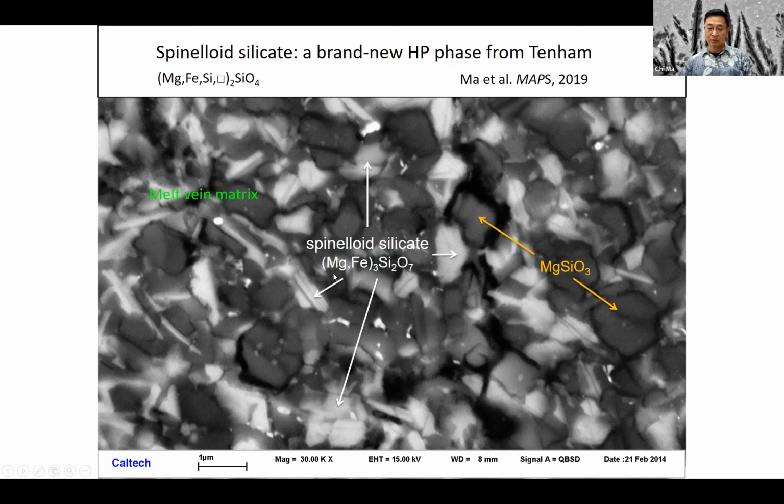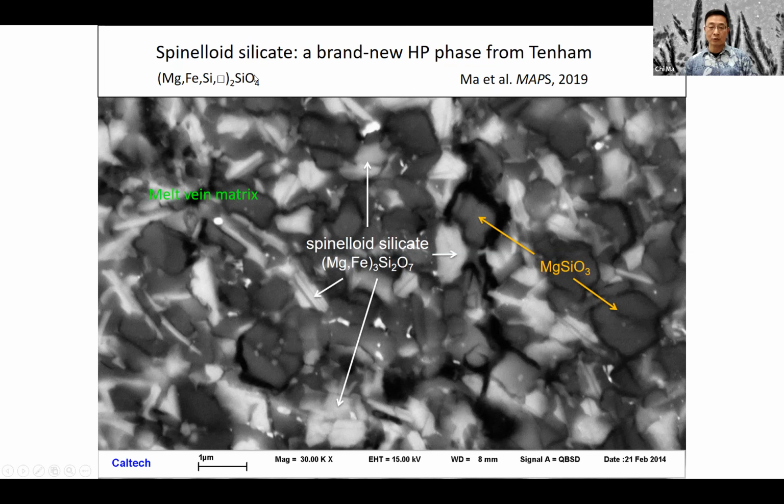So this composition is Mg₄Si₂O₇, right? So structure analysis by synchrotron diffraction shows this silicate has a tetragonal sphenoid structure. So its structural formula should be calculated based on 4 oxygen.